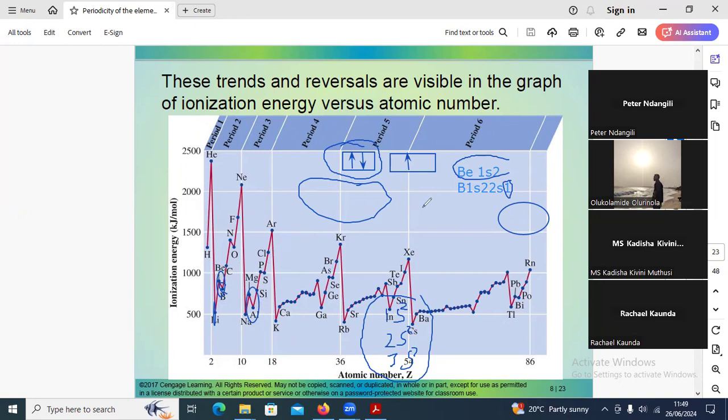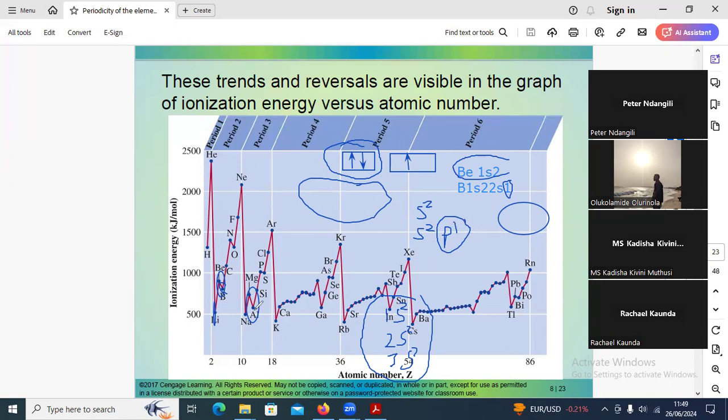Magnesium will have s2. For aluminium, we are going to have s2 and p1. This p1 is fully shielded by completely filled inner orbitals, and therefore it becomes loosely held, and it is easier for us to remove it.